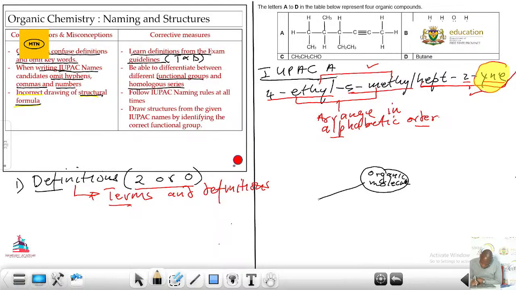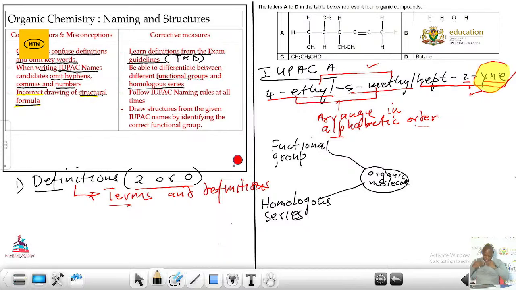But from the organic molecule, I need to know the homologous series to which it belongs. That is very, very critical. From the homologous series, I should also be in a position of knowing the functional group, either by name or by the structural formula, but it is critical for me to know everything that has to do with the organic molecule in terms of the functional group and the homologous series.